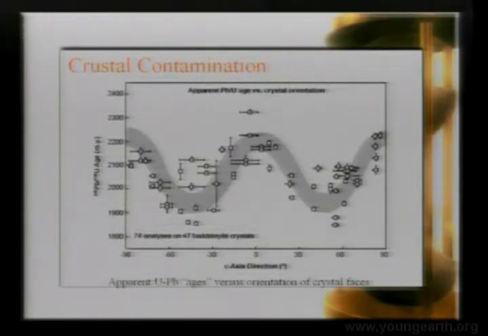In this instance, they took individual crystals of a mineral that they could date using uranium lead dating by shining a beam of ions, a beam like electrons, onto the crystal surface, a flat surface of this crystal.